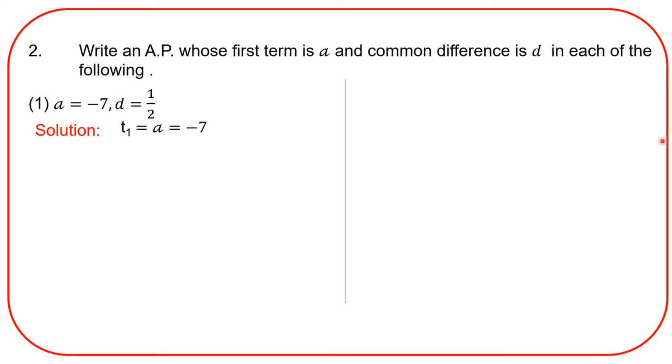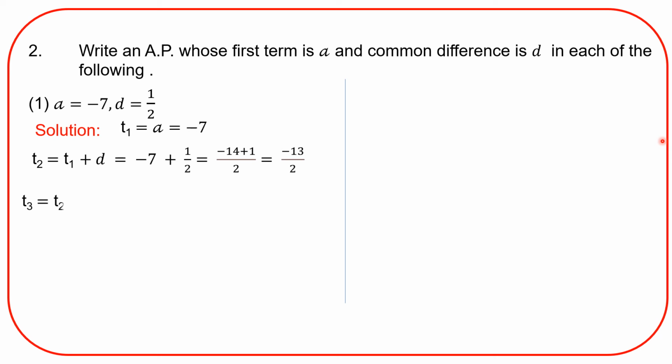Now how to find T2? T2 is equal to T1 plus D. Now substitute the value, minus 7 plus 1 upon 2 is equal to minus 14 plus 1 upon 2 is equal to minus 13 upon 2.